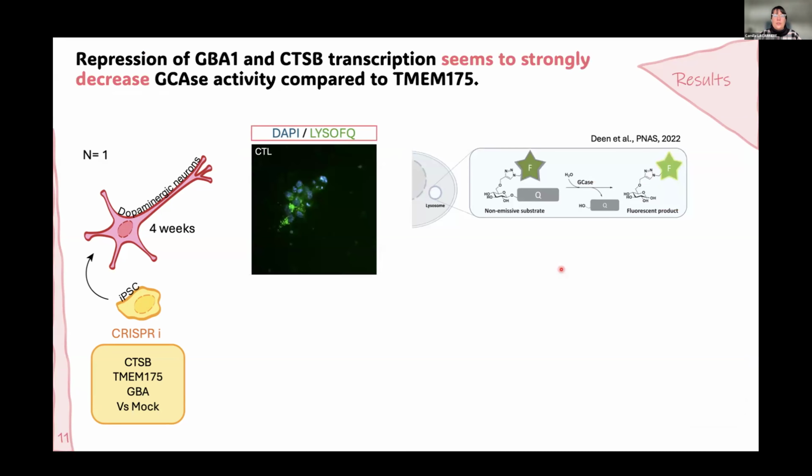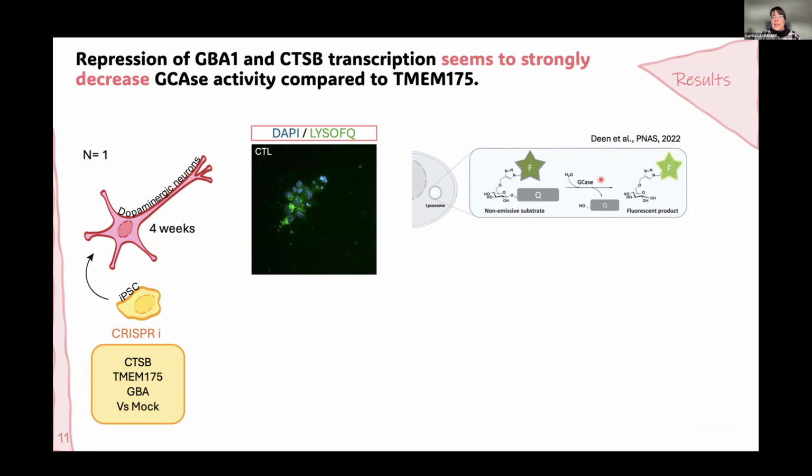So to finish, to validate this line, we look at the activity of GCase using the LISO-FQ, which has been generated by this group to be specific to the lysosome.